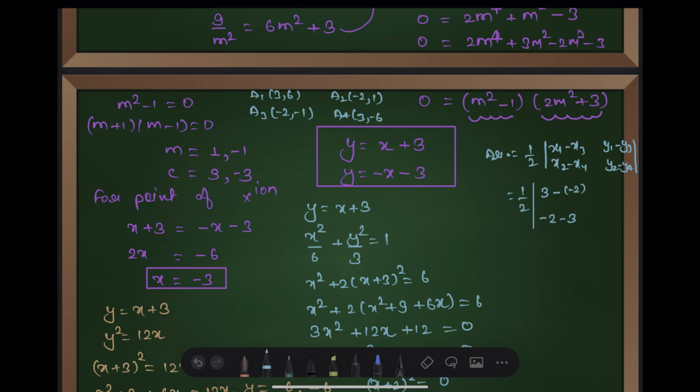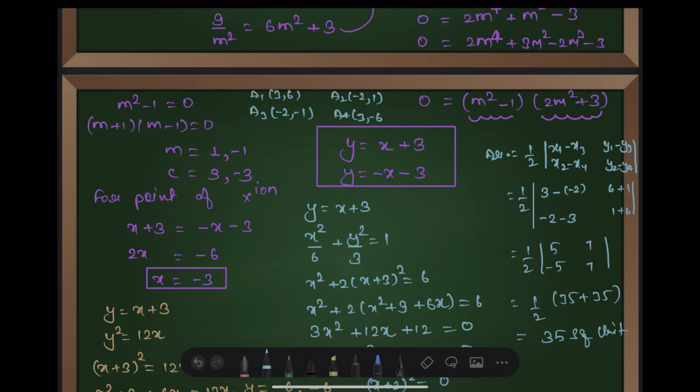Now y1 6, y2 1, minus of minus 1 and then minus of minus 6. Okay, so 1 by 2, 35 plus 35. So it is 35 square unit.